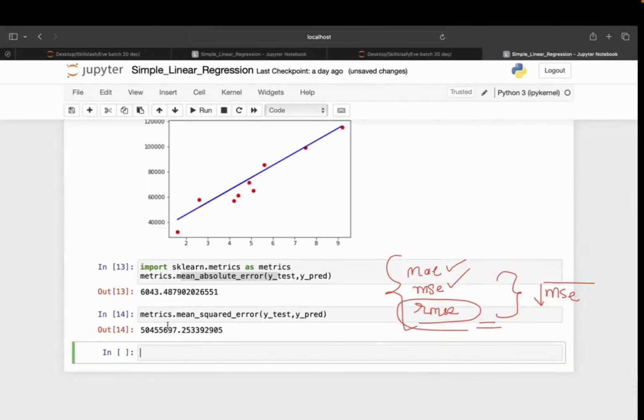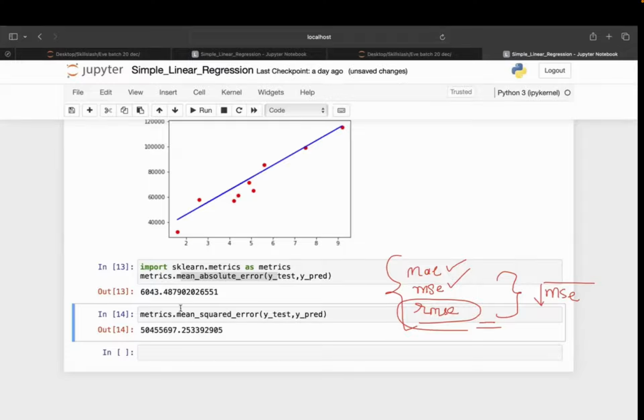Okay, you can see this is squared, that's why the value is coming a bit huge. Whatever the difference between the actual and the predicted is a bit huge, right? So if I square that error, it is going to become a bigger value. So it is making the bigger value bigger and the smaller value also bigger.